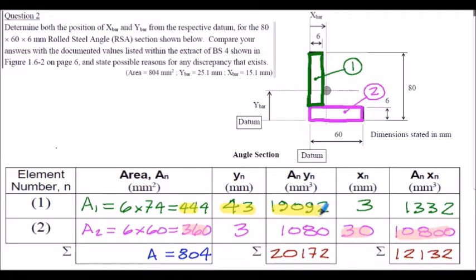We simply summate the AN, YN values to find the first area moment about the datum at the bottom here, and then we summate the AN, XN values to find the first area moment about the vertical datum here.